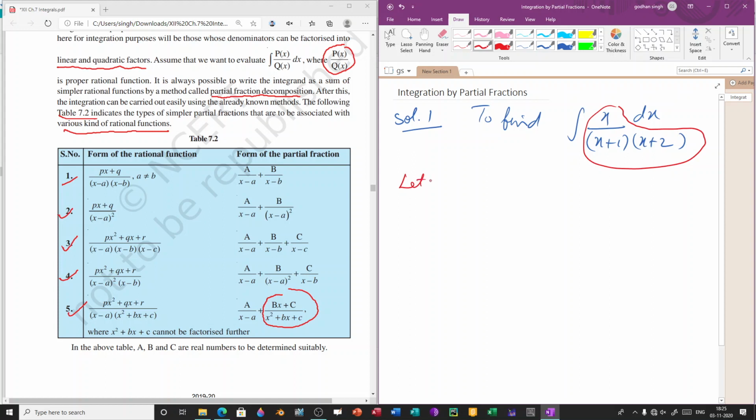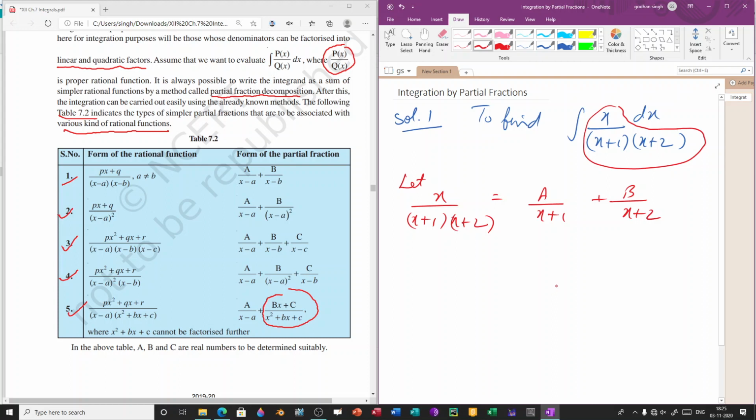Let x over (x plus 1) into (x plus 2) equal A over x plus 1 plus B over x plus 2. Here we can take any of them. If you want, we can write A over x plus 2 also and plus B over x plus 1. Our final answer of integration will not change. So A and B can be interchanged. It is not such a big problem.